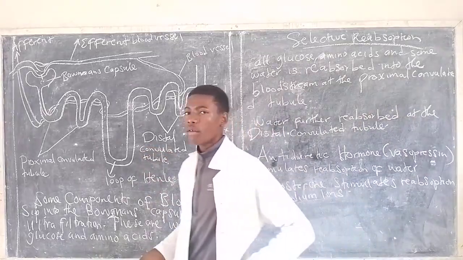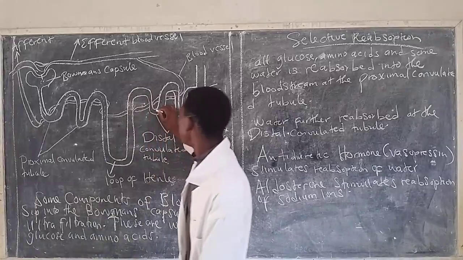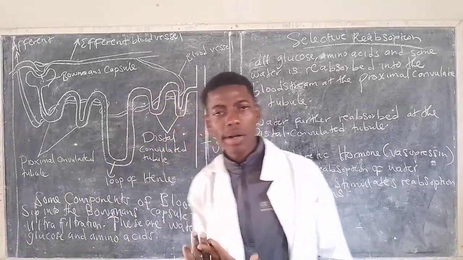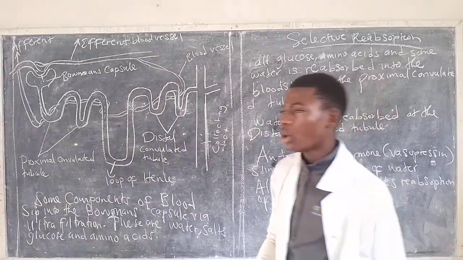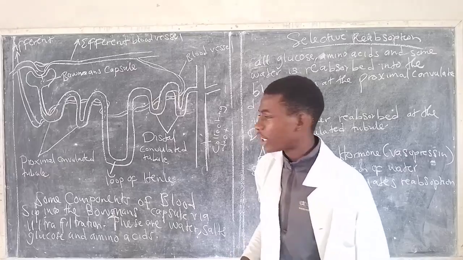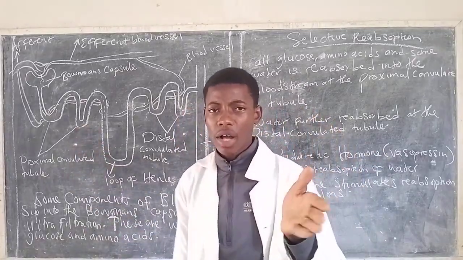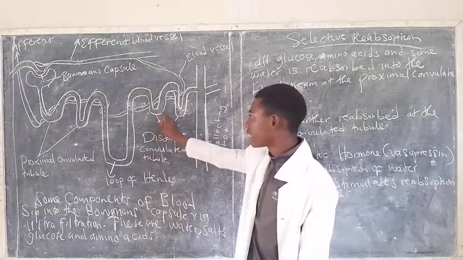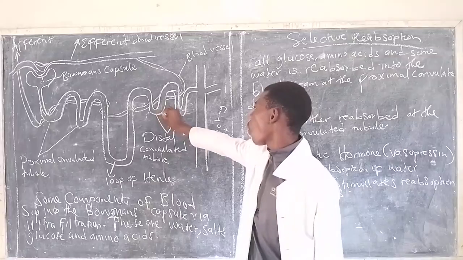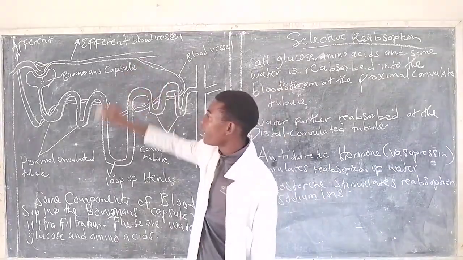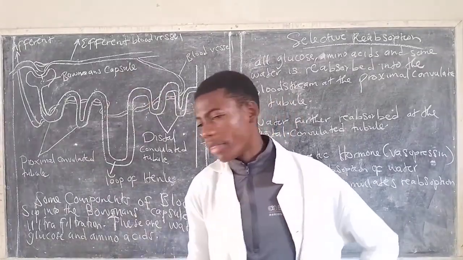At the distal convoluted tubule, the materials such as water this time as well as sodium ions are reabsorbed. It's only those substances, because at the proximal, all the glucose as well as amino acids are reabsorbed. So at this point, it's only water as well as sodium ions that are taken back into the bloodstream.